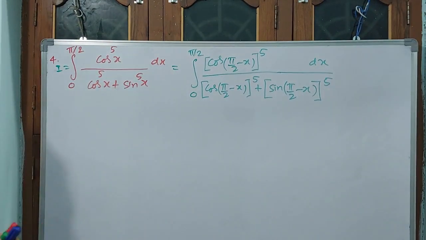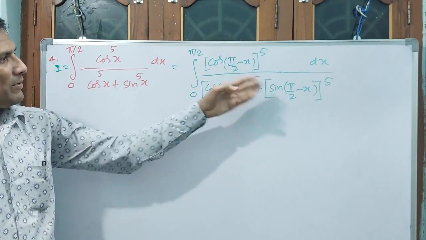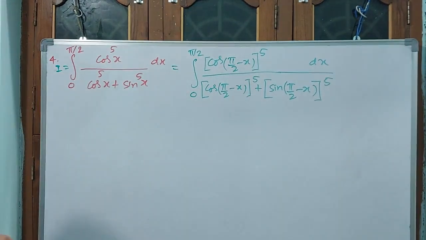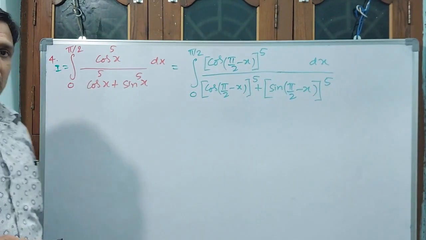How does this property apply? 0 plus pi by 2, pi by 2 minus x, we can apply this property. If you apply that property, cos is going to become sin and sin is going to become cos. Write down.